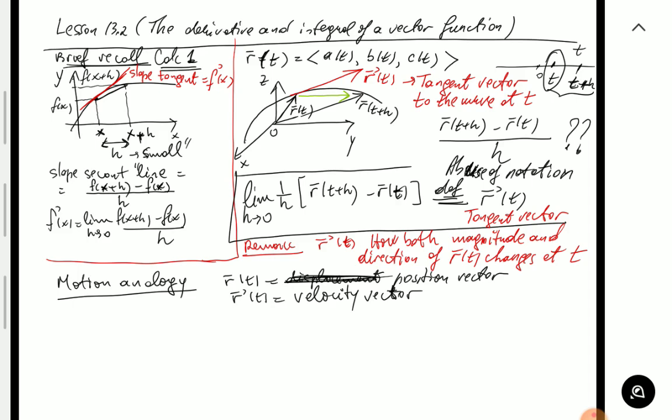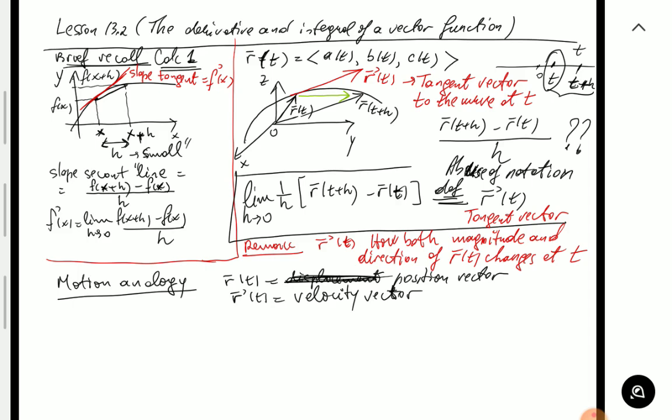I don't want to call it displacement. Displacement is usually from two nearby points. Basically, it's going to be an integral, it measures the displacement from one point to another. So this is the position vector at time t of the particle. R prime of t is the velocity vector at that point in time.